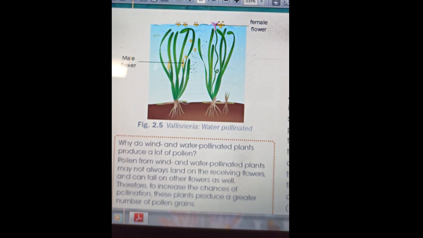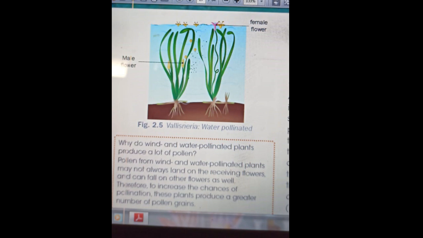The reason is that pollen from wind and water pollinated plants may not always land on the receiving flowers and can fall on other flowers as well. Therefore, to increase the chances of pollination, these plants produce a greater number of pollen grains.